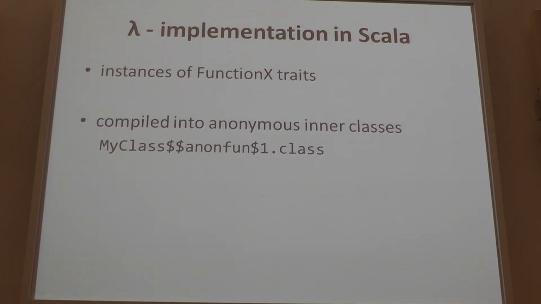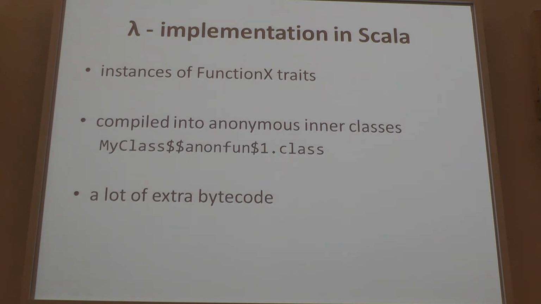It's just something the Scala compiler has to do to run this code in the current JVM. And as you can see, if you use functional programming heavily, you will get a lot of extra classes and your jar files will be very big.